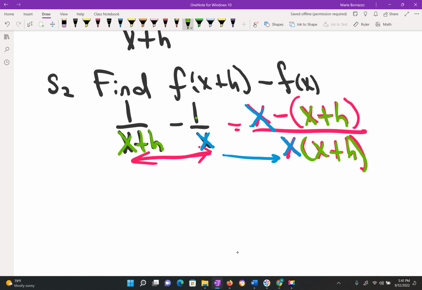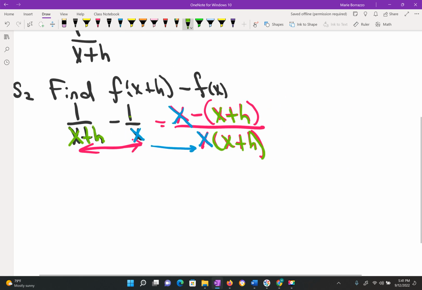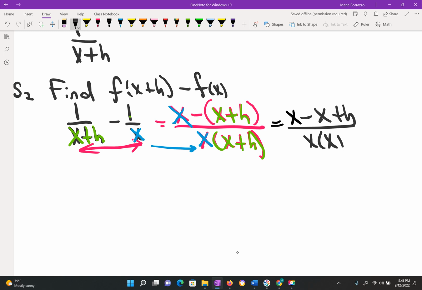Yeah? Okay, so when all is said and done and you distribute this negative, you end up with x minus x plus h, all over x times x plus h.